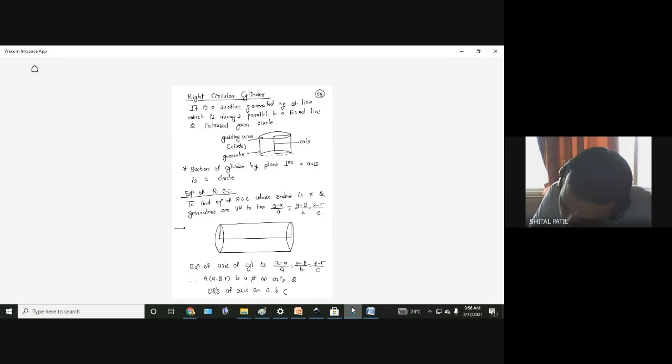Okay, so see, we have a point somewhere here. यहाँ पे कोई point है, यहाँ पे है A (alpha, beta, gamma), point on the axis. Again, what we know about the axis? We know direction ratios of the axis.